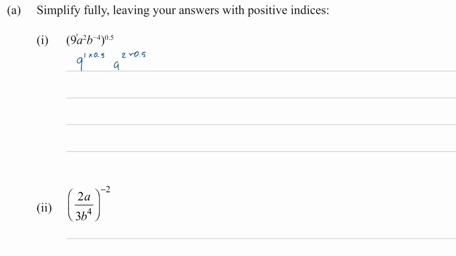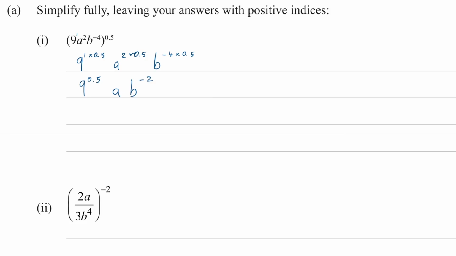And then we have b to the power of negative 4 times 0.5. Now you don't need to write this step, I'm just showing the full working. So that becomes 9 to the power of 0.5, a to the power of 1, right, which is just a, and b to the power of negative 2.